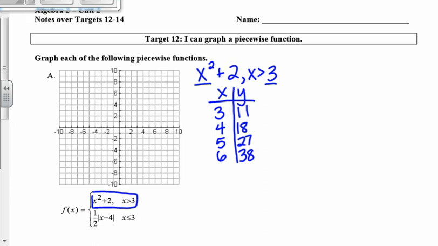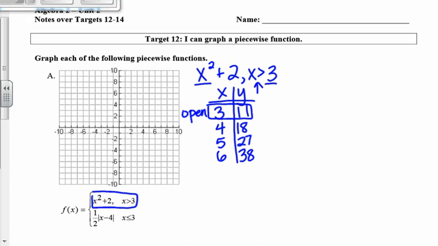Now if we go to graph what we have here, again this is going to go off the graph, but I want to talk about this point right here, (3, 11). If you look at our inequality, notice it says that 3 is not included. There's no equal to part here. So the way we represent that in our graph is to make an open point at (3, 11).